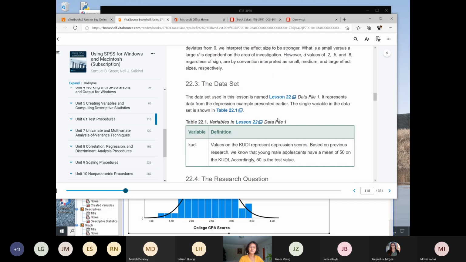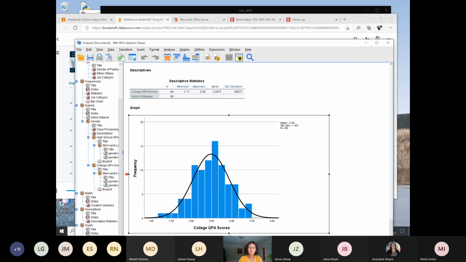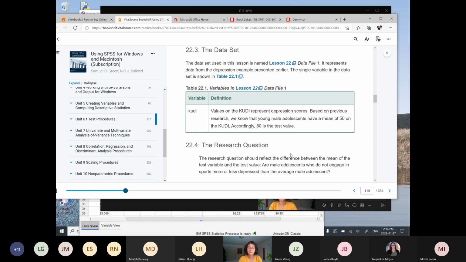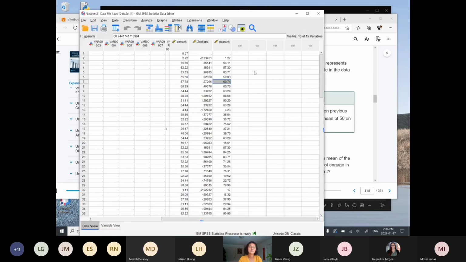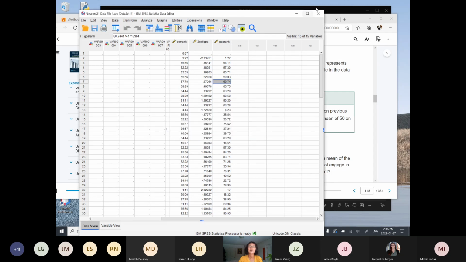So now we are going to open a data file 2022. Okay. So where's my statistic? So this is 21. I will not save it. I will save. Change the data. No. Just close it.